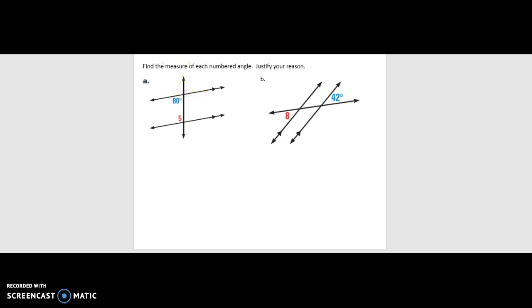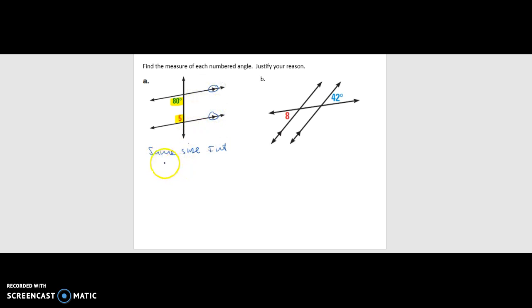So when I look at this, 80 degrees and angle 5, what can we say about these angles? We could say they are same side interior. And earlier, what did we say same side interior angles are when lines are parallel? This arrow and this arrow tell me the lines are parallel.